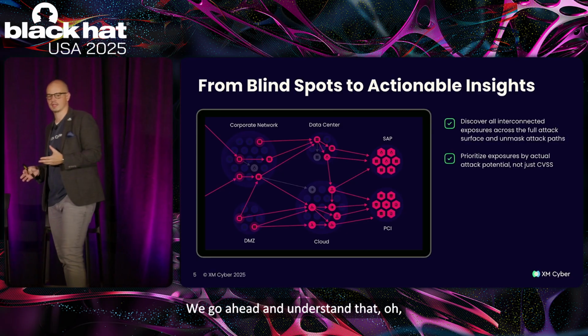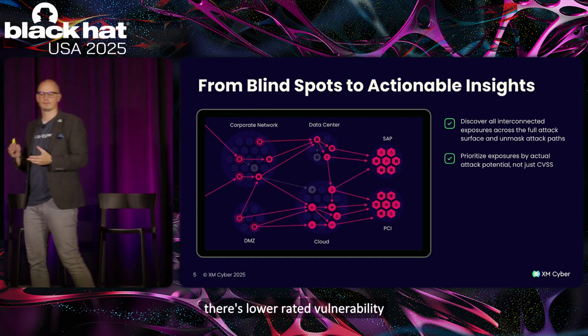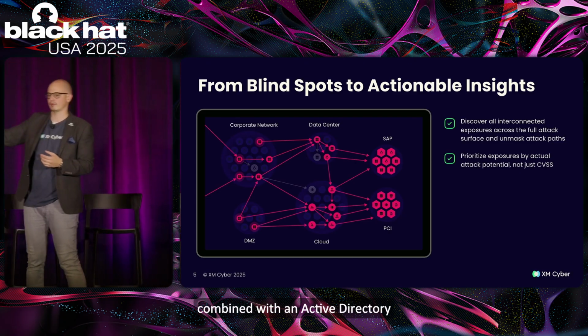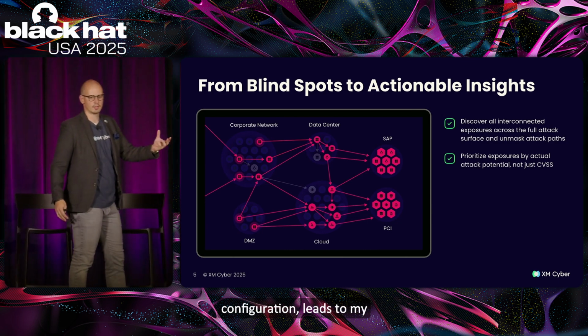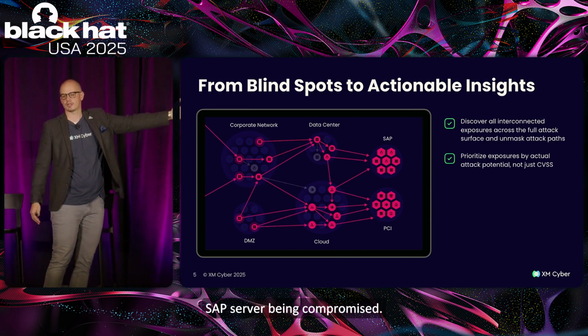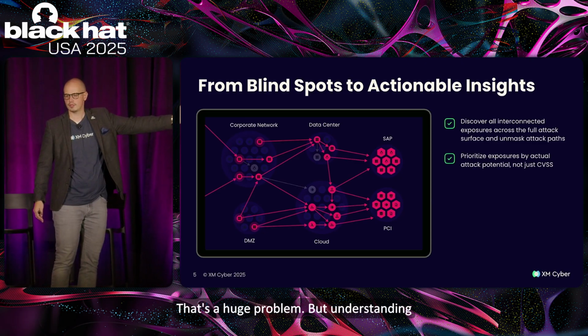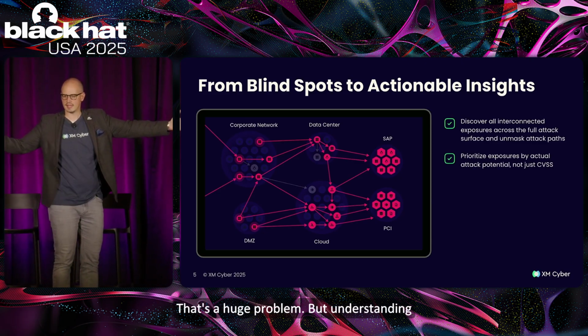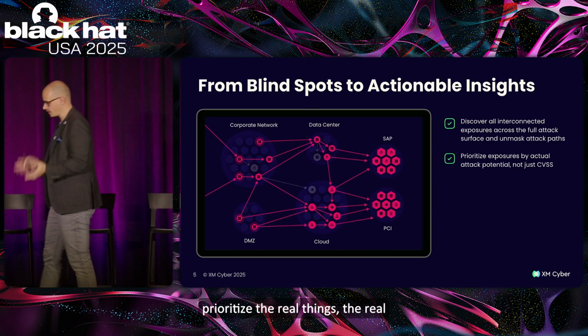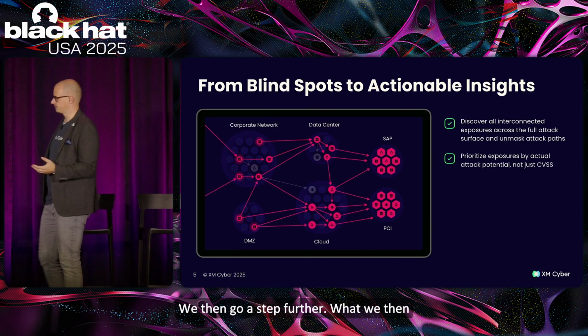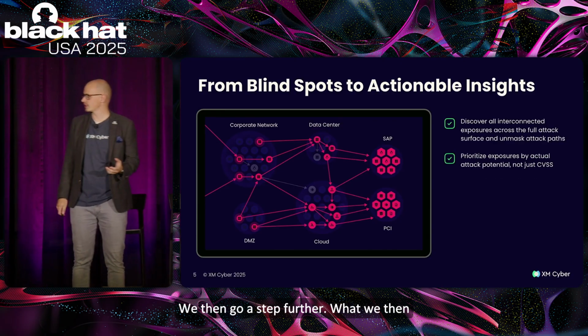We understand that a lower rated vulnerability combined with an Active Directory misconfiguration, combined with a cloud misconfiguration, leads to my SAP server being compromised. That's a huge problem. But using that model helps you to prioritize the real things and the real risks in your environment.